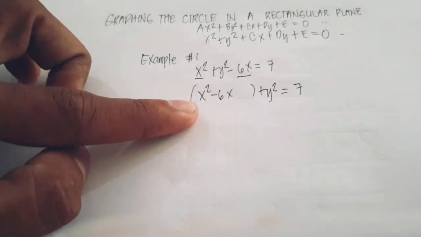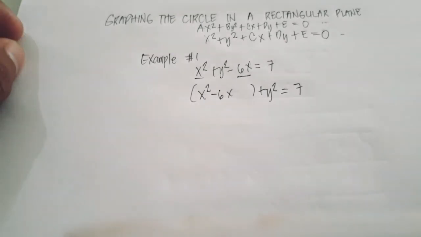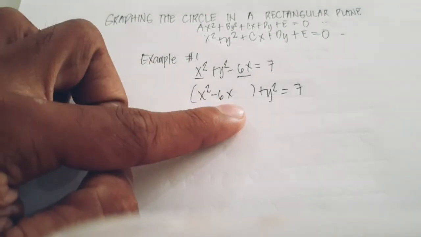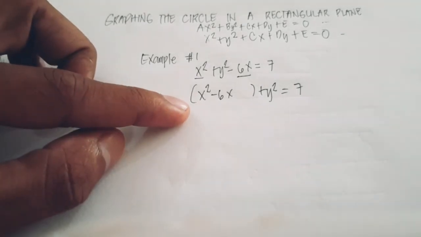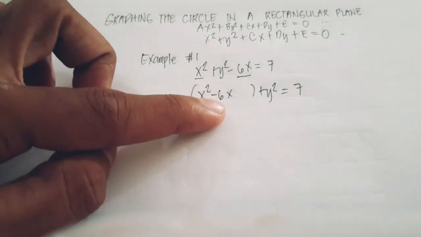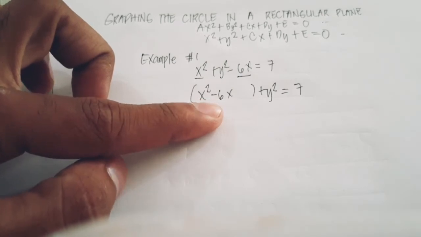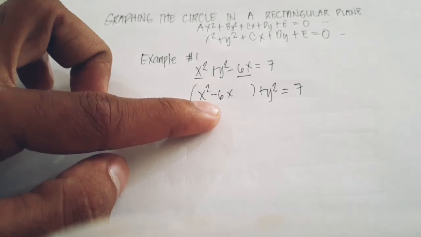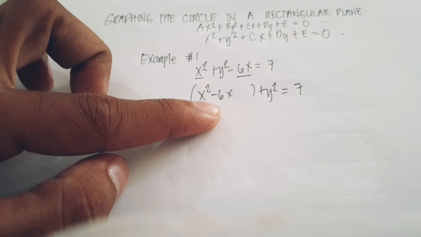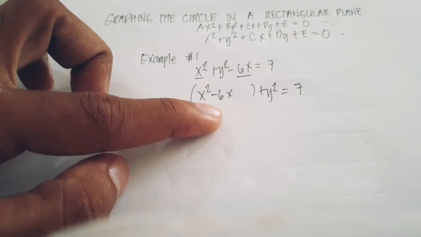So this one is composed of two expressions. We're going to make this a perfect square, so the term is completing the square. We need to find the number which, if you add it to itself, gives a sum of negative 6.